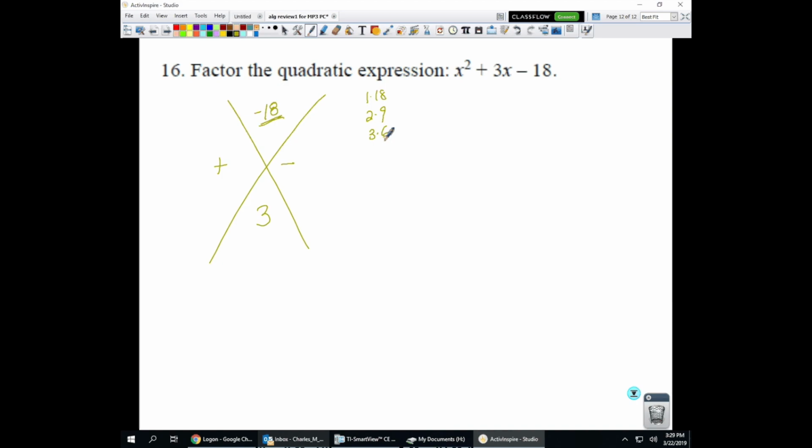And I want the set of factors that subtract, again, because the signs are different, I'm subtracting and looking for 3. Well, the factors that have a difference of 3 are 3 and 6. Since my result should be positive this time, I want the larger, the 6, to be the positive, the 3 to be negative. So my factors are x plus 6 and x minus 3.